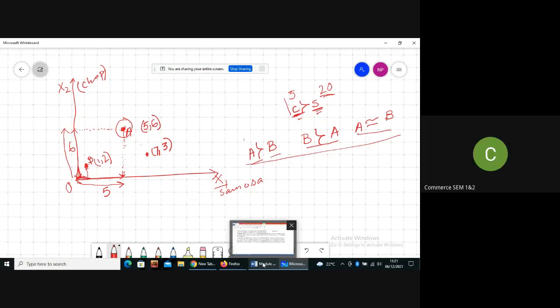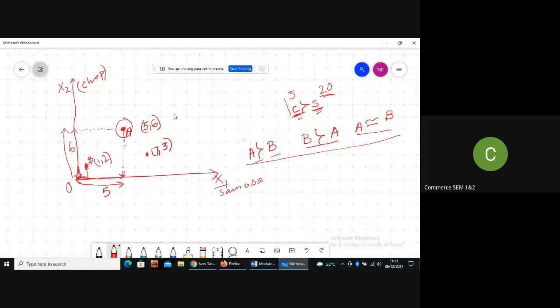This is the preference order of any particular consumer. Here we are basically analyzing one particular consumer.